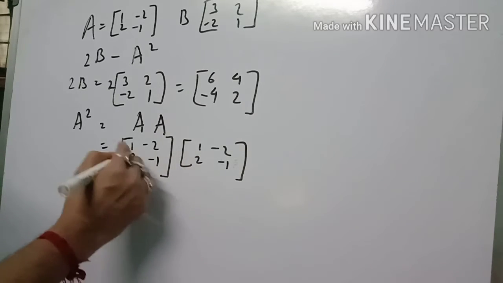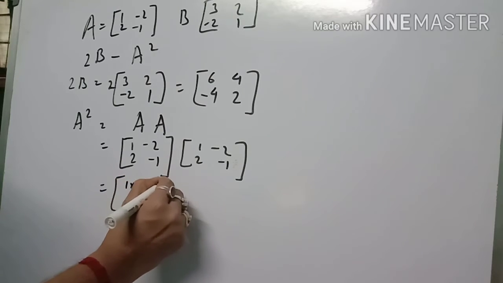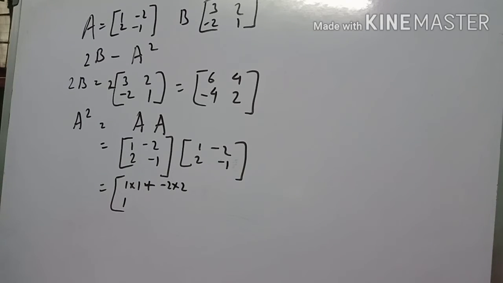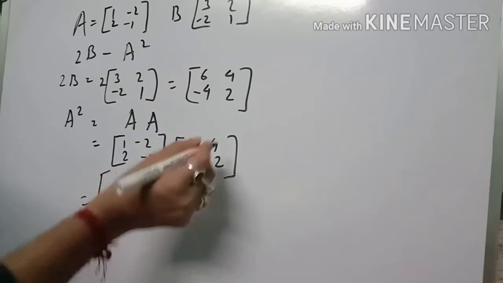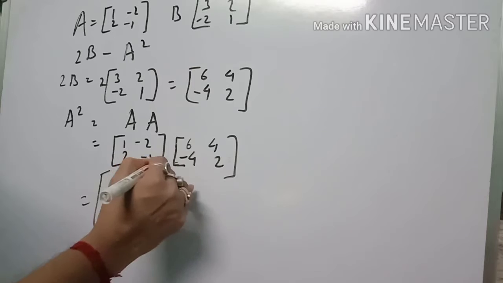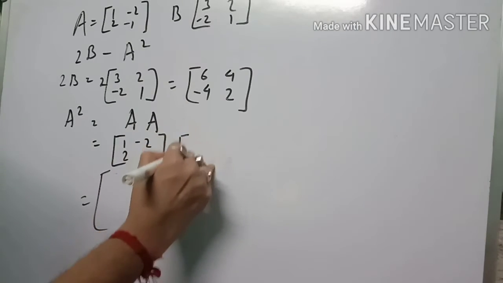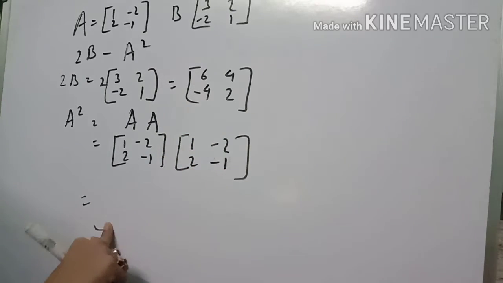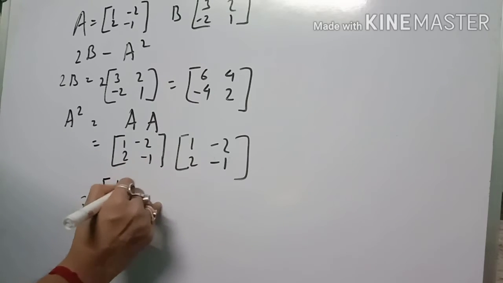Let us do the multiplication. 1 into 1 plus minus 2 into 2. Let me do the multiplication. 1 minus 2 2 minus 1. Let us do the multiplication. 1 into 1, I need to write the steps.